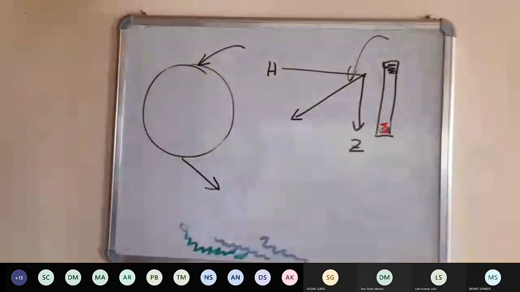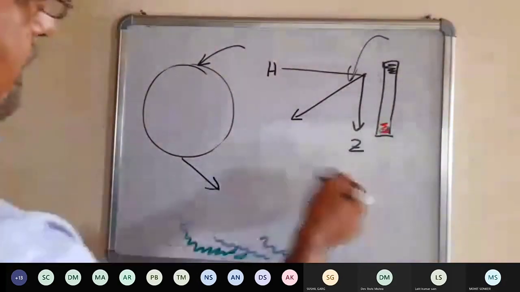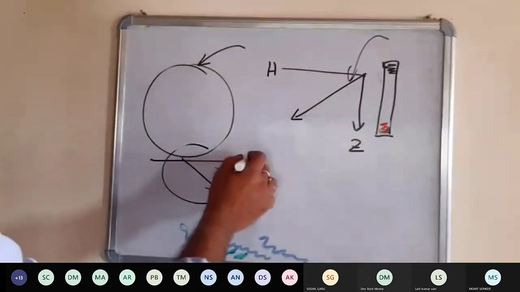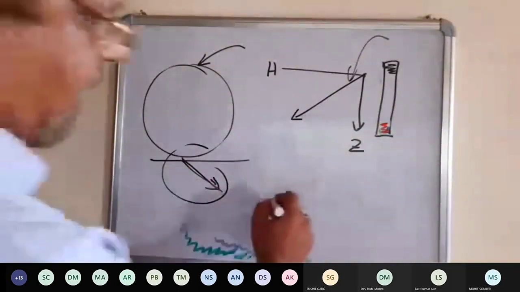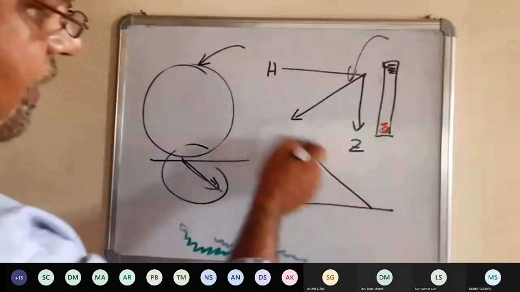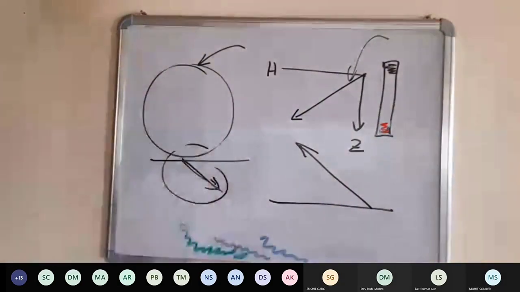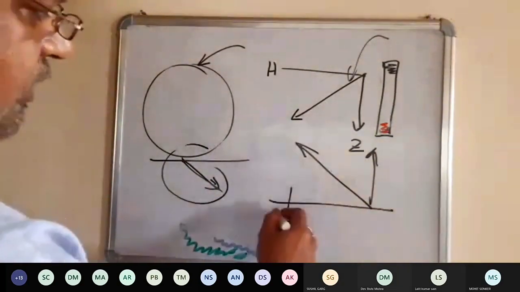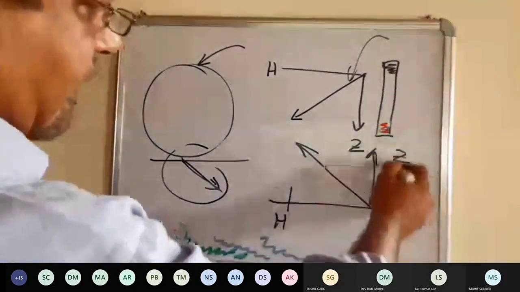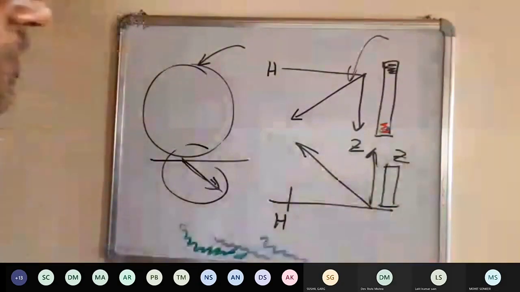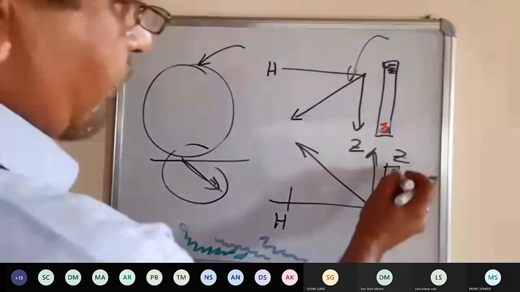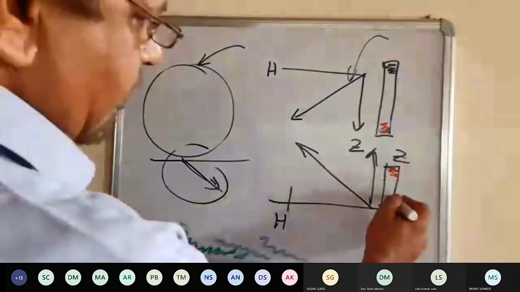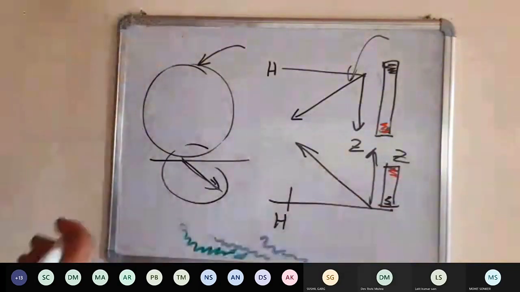So you're correct. Where the force is lifting up, going above the ground, it can be resolved into H and Z, and the red will be towards this side and the blue towards this.